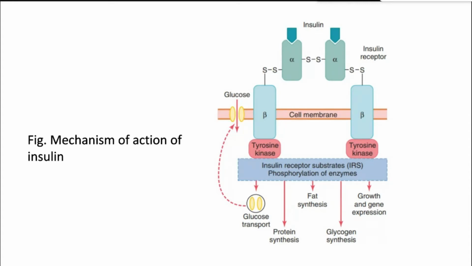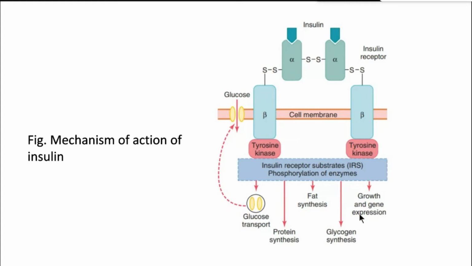Phosphorylation or dephosphorylation is the most common way to influence enzymatic activities inside the cells. Then there are a variety of responses, and one of them is related to glucose transport. And another one, protein synthesis, fat synthesis, glycogen synthesis, and growth and gene expression.